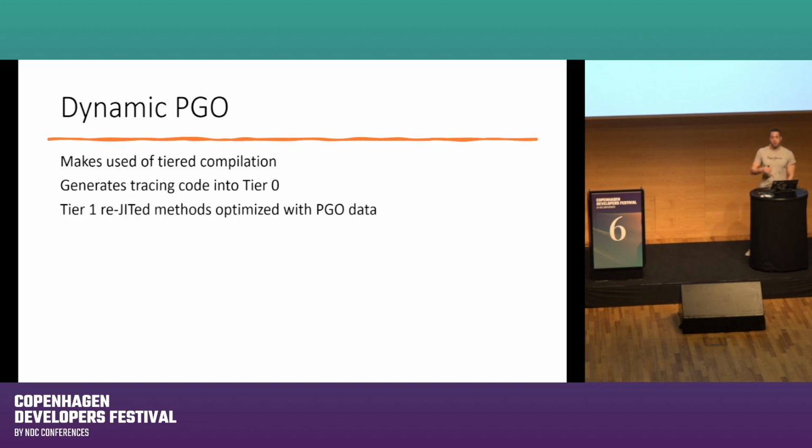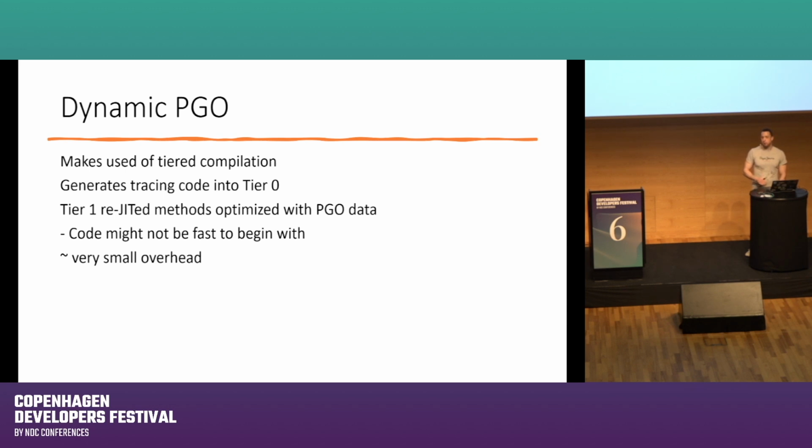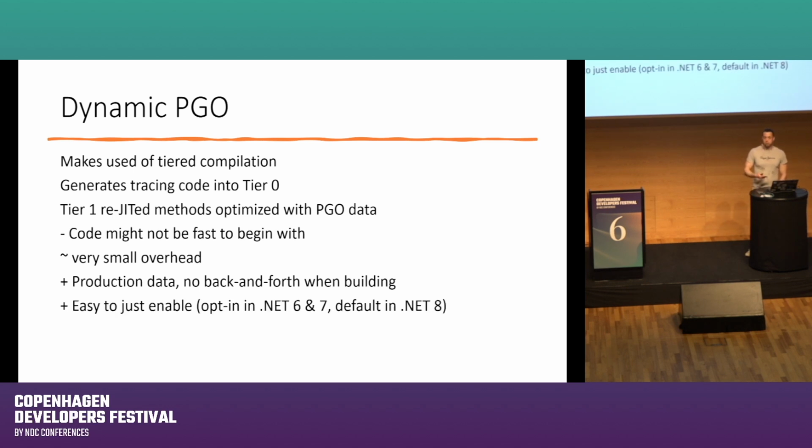And then when this tier 1 rejitting happens, it already does these optimizations using that PGO data. So again, your code might not be fast to begin with. There is a small overhead because there are additional instrumentation calls put into your code. However, you're working with the data that the application runs with, there's no need to go back and forth, and you can just turn it on.